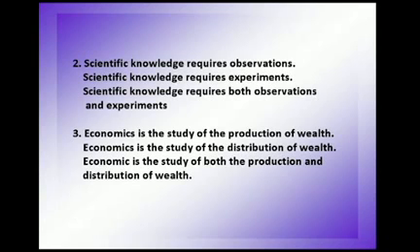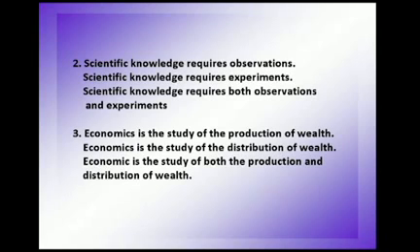So, we can rewrite the given sentences by using the "both and" structure. After putting these different parts, observations and experiments, into the "both and" structure, you will have the complete answer. So, the correct and complete answer is, scientific knowledge requires both observations and experiments.